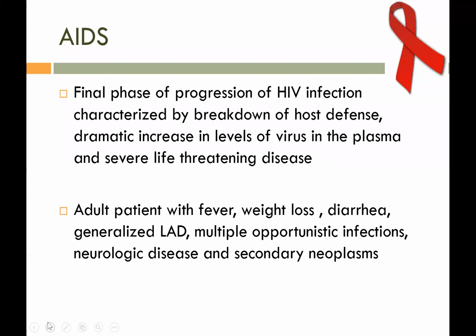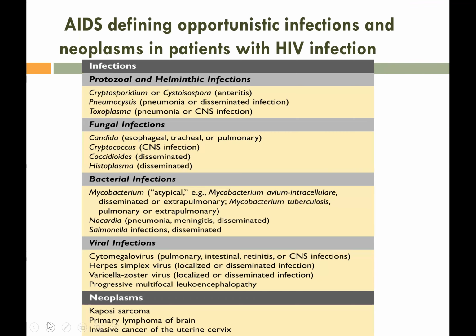You may have opportunistic infection, of course, because the CD4 count is expected to be low. So the typical patients would present with fever, long-standing fatigue, weight loss, diarrhea, generalized lymph node enlargement, opportunistic infection sets in, and even secondary neoplasm.